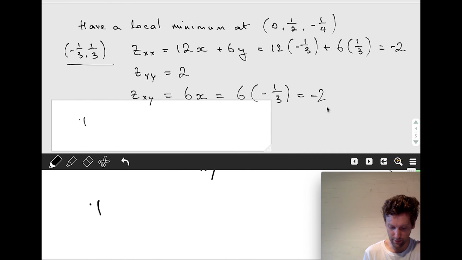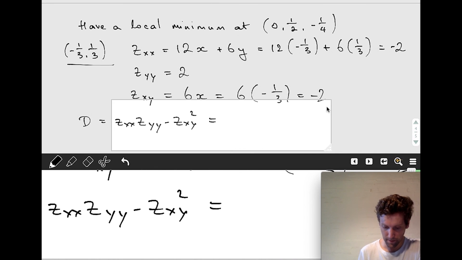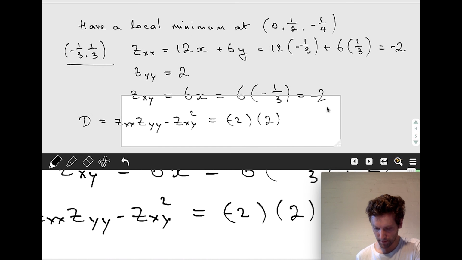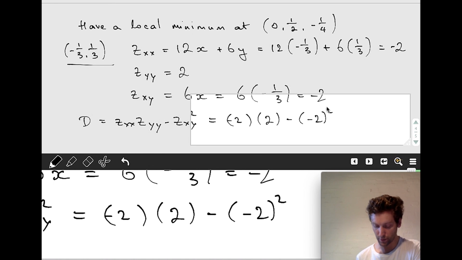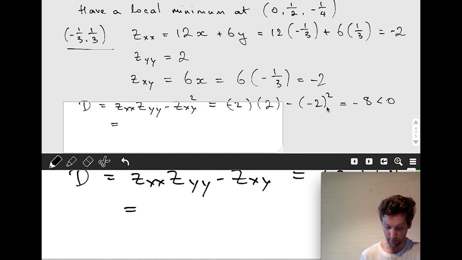So D was equal to zxx zyy minus zxy squared. So zxx was minus 2, zyy was 2, and we've got minus 2 squared. So that's equal to minus 4 minus 4, which is equal to minus 8. That's less than 0, which implies that this is a saddle point.